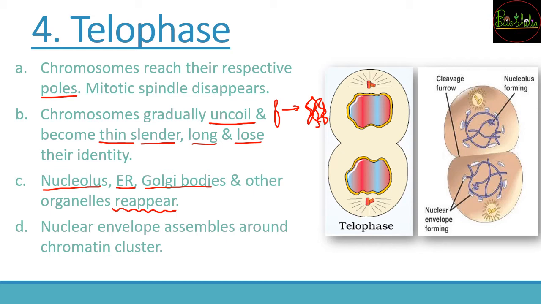And finally, as soon as the chromosomes uncoil and form the chromatin, the nuclear envelope will form, और nuclear envelope form हो जाएगा, then again the chromatin cluster is going to be packed into the डब्बे में बंद करके रख दिया, so that again they don't flow away and spread out in the entire cell. So with this we understood how the nucleus is going to divide with the 4 little phases that occur in it.